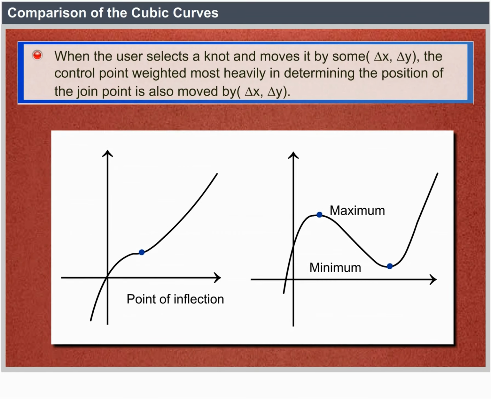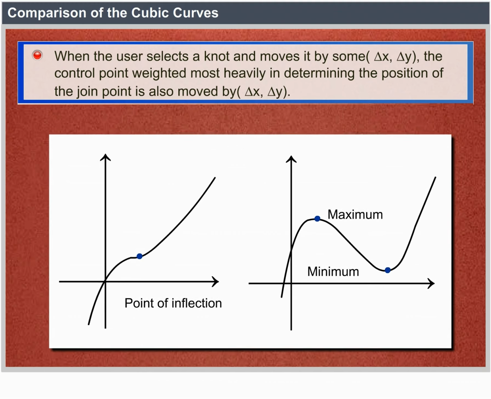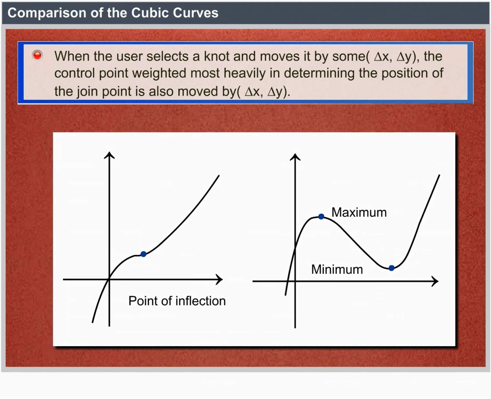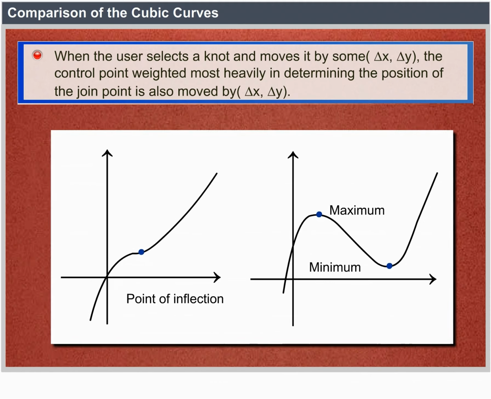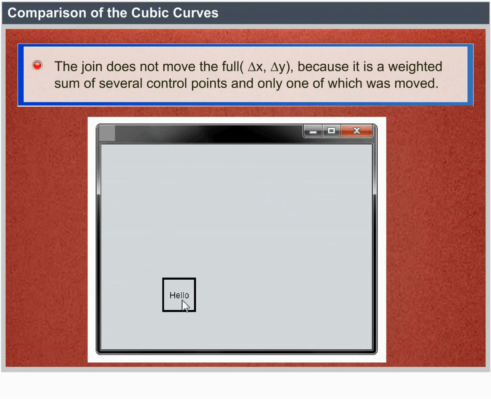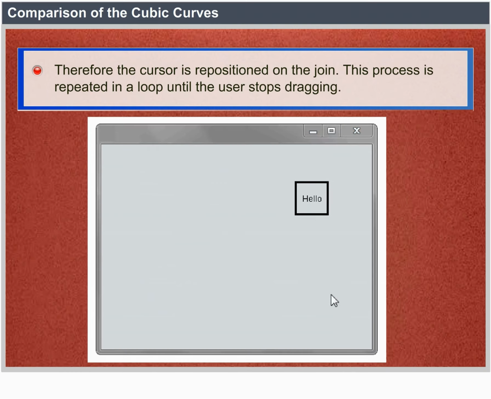When the user selects a knot and moves it by some delta x, delta y, the control point weighted most heavily in determining the position of a joint point is also moved by delta x and delta y. The joint does not move the full delta x, delta y because it is a weighted sum of several control points, only one of which was moved. Therefore, the cursor is repositioned on the joint. This process is repeated in a loop until the user stops dragging.